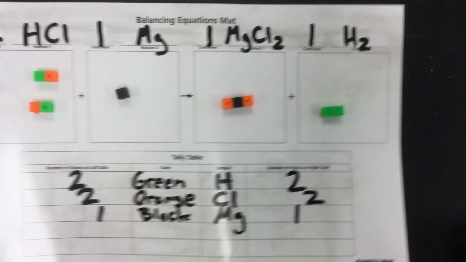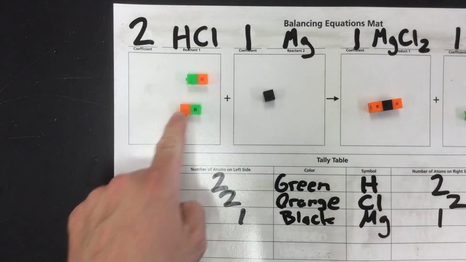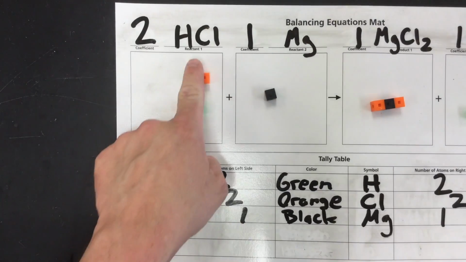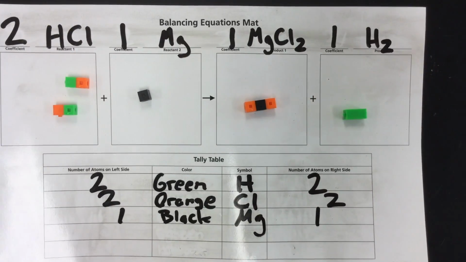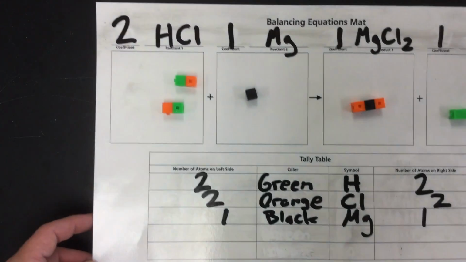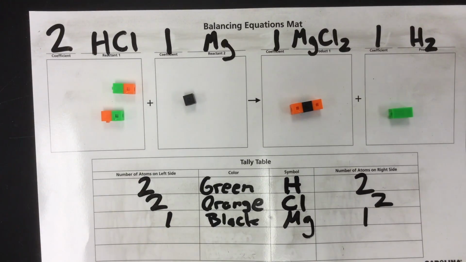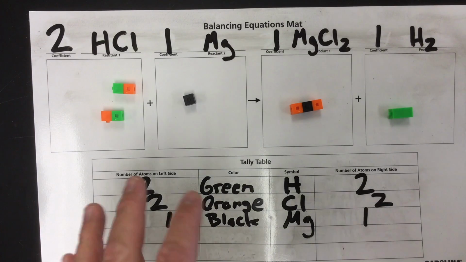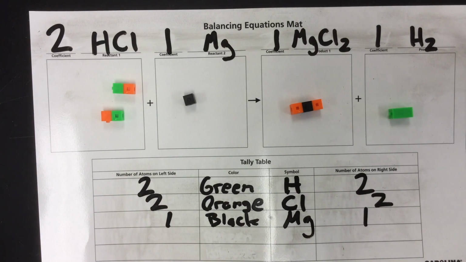So you change the coefficient by adding whole particles of either the reactants or the products to balance the equation. Okay, so what you'll do now is try some of these with a partner with this same kit. Have fun, do your best.